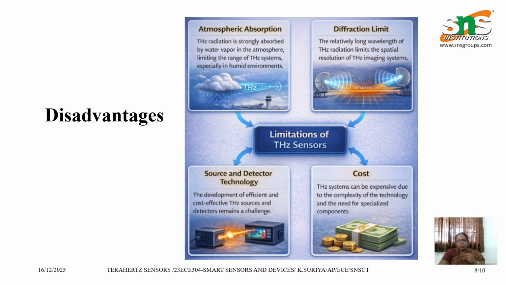The relatively long wavelength of terahertz radiation limits the spatial resolution of the terahertz imaging systems, and also the development of efficient and cost effective terahertz sources and detectors remains a great challenge. And finally, the cost can be high due to complexity of the technology and the need for specialized components.